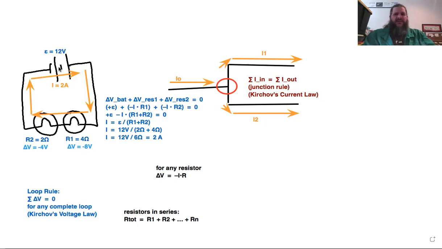I usually find it useful to call the point right before the battery 0 volts, just because that's typically going to be the lowest voltage in the whole circuit. But that's just a reference point. The important thing is the change. But if we say the point right before the battery is 0 volts, let's just label this 0. Also, what other points have to be 0 volts? What else has to be the same voltage as that?